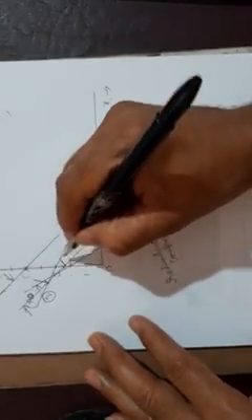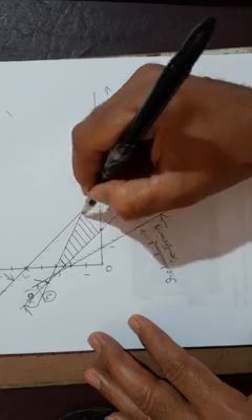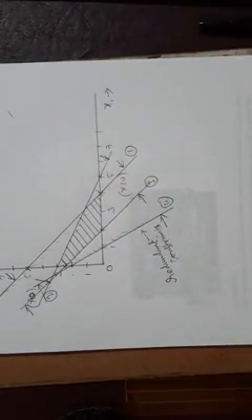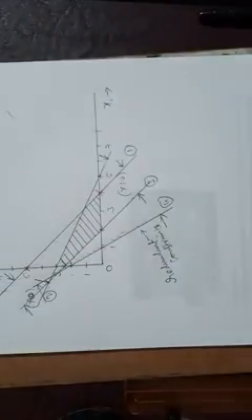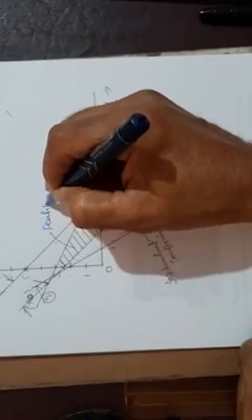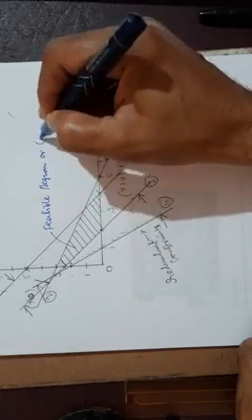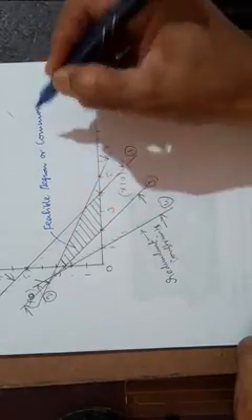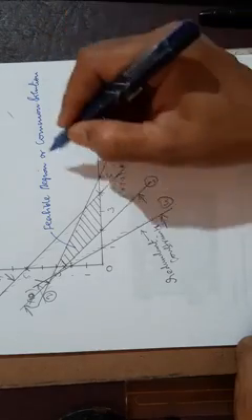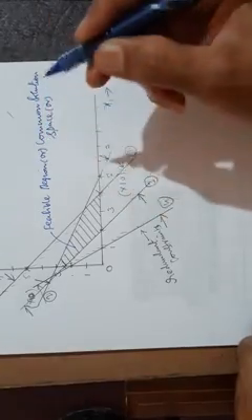Now I hatch the solution space that is taken as the common solution space for all the lines. So this is called the feasible region, or common solution space, or also called what?